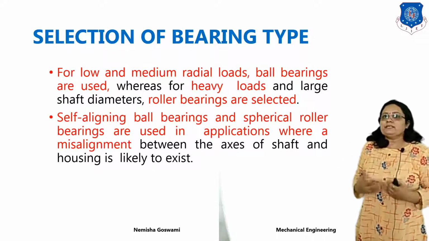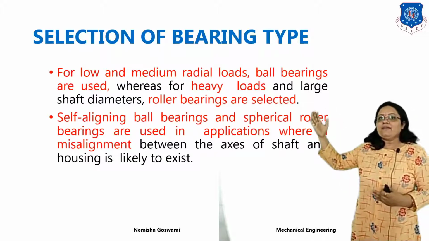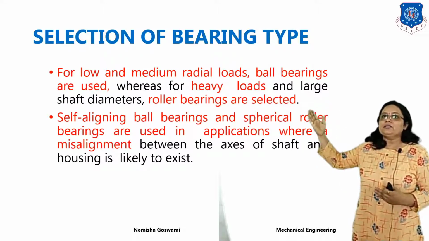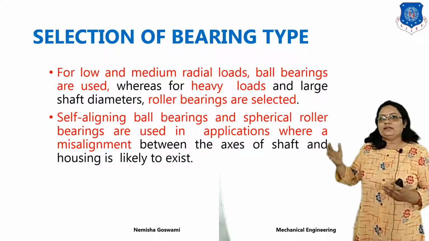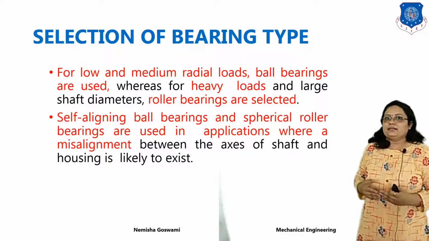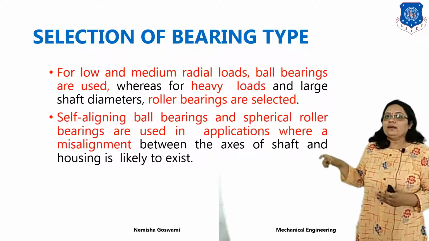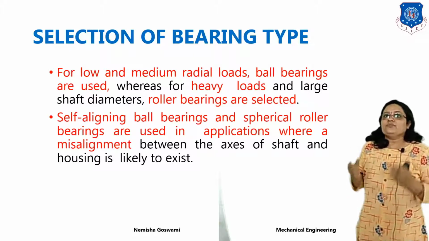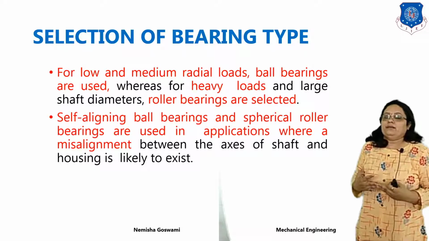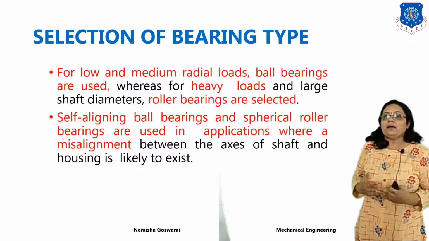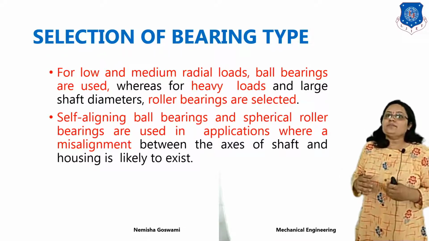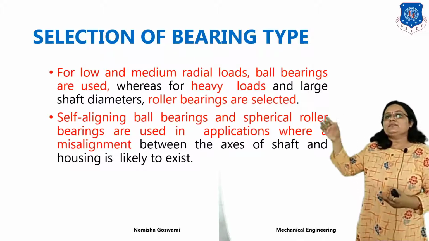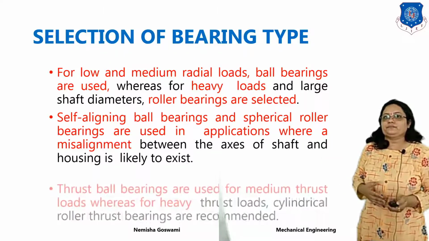This is the basic function of the self-aligned ball bearing and spherical roller bearing. We have already discussed this in last lectures. These are used where misalignment is permitted between the axis of shaft and housing.